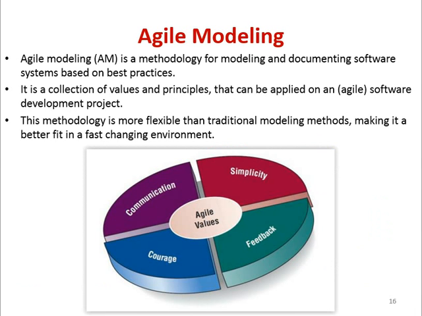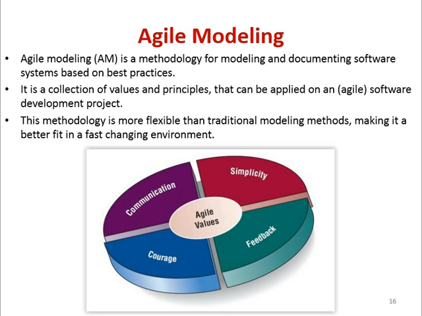Then we have agile modeling. Agile modeling is a methodology for modeling and documenting software systems based on best practices. It works on the 4 prime agile values: simplicity, feedback, courage, and communication.